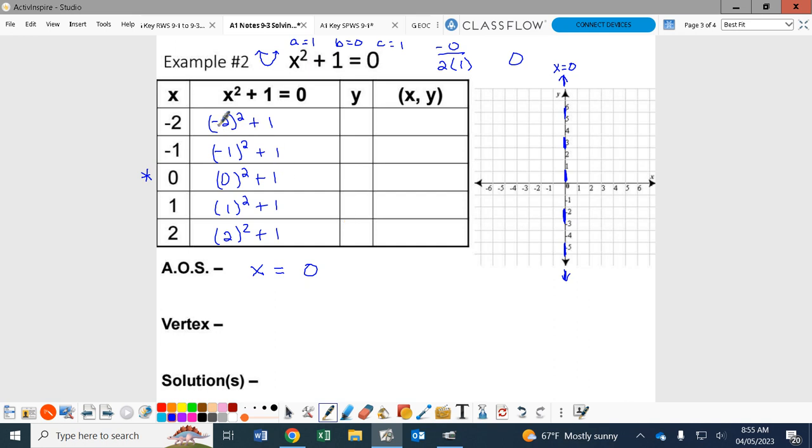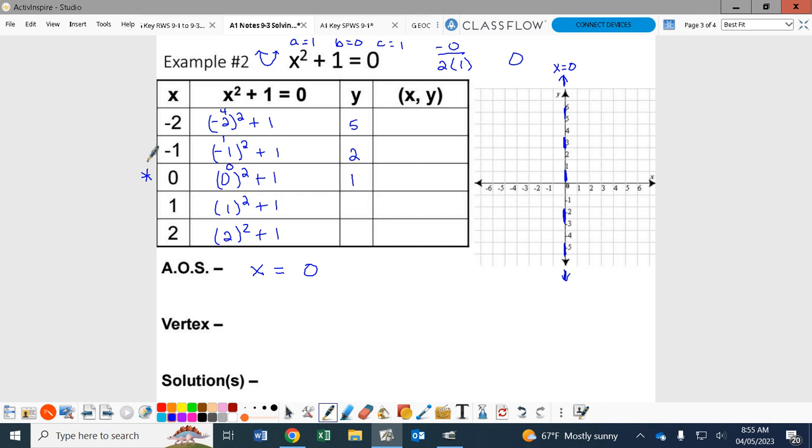You can also sometimes just do it easier without it. -2 times -2 is 4. 4 plus 1 is 5. -1 times -1 is 1. 1 plus 1 is 2. 0 squared is going to be 0. And 0 plus 1 is 1.